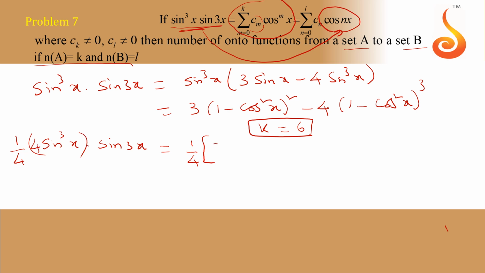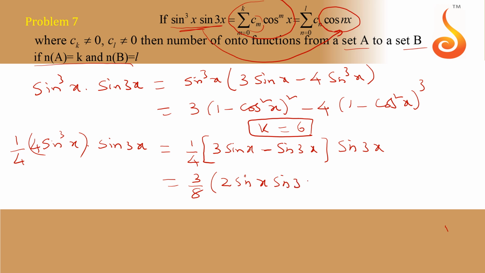The 4 sin cube x can be written as 3 sin x minus sin 3x, into sin 3x. If you expand this, 3 by 8, I am writing, 2 sin x sin 3x, minus 1 by 8, I am writing, 2 sin square 3x.